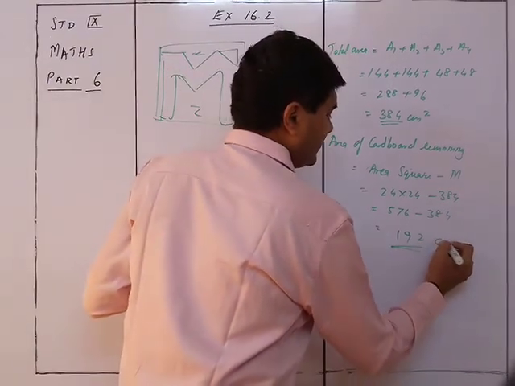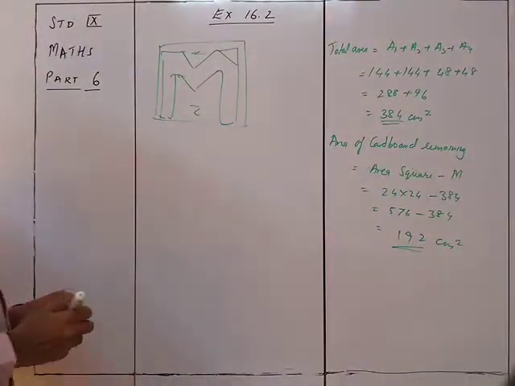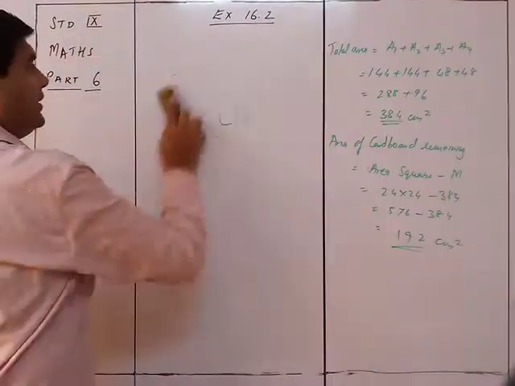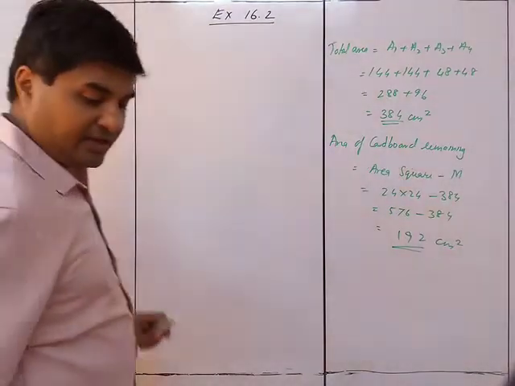So it's 192 centimeter square. Clear? Right, so that was sum number 43 C.